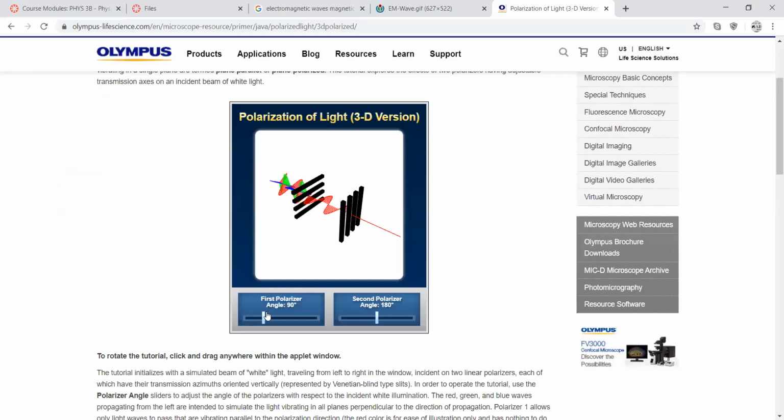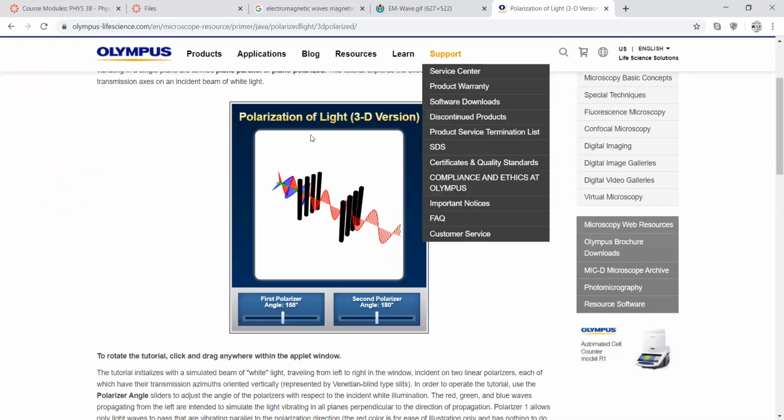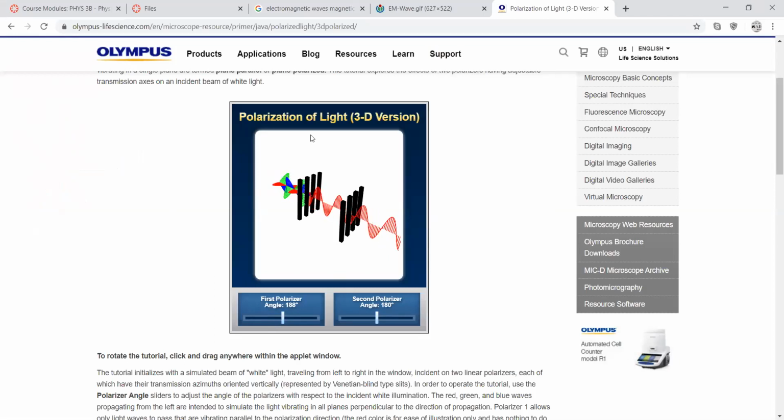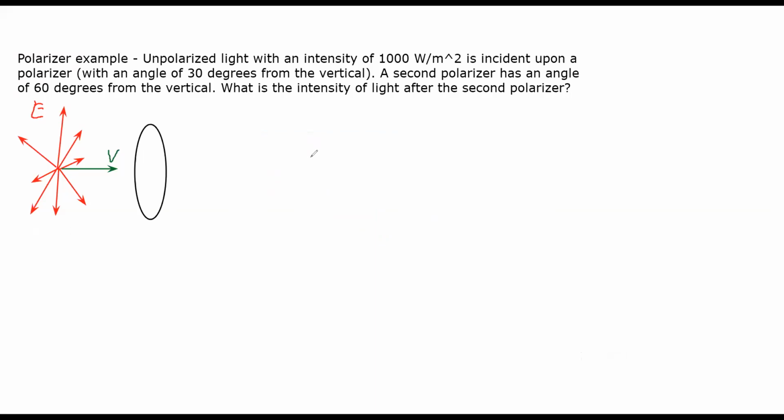Those are my slots there. So for our problem, the slots are 30 degrees from the vertical. If I draw a vertical line here, all these slots are something like this, where theta equals 30 degrees.